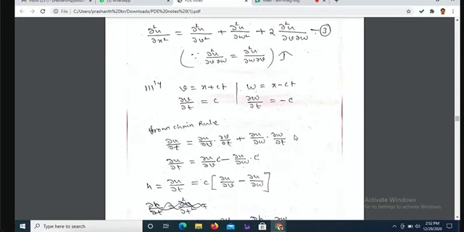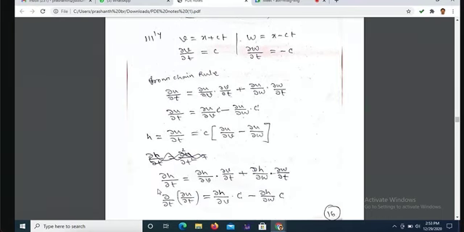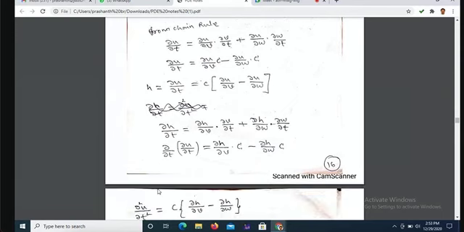Again by chain rule, if we take ∂u/∂t, according to chain rule I can write ∂u/∂t is ∂u/∂v into ∂v/∂t plus ∂u/∂w into ∂w/∂t. So ∂v/∂t is c, ∂w/∂t is minus c. So c can come outside, it's a constant. You can call it h. Earlier we called it g in the place of ∂u/∂x. Here h is ∂u/∂t.